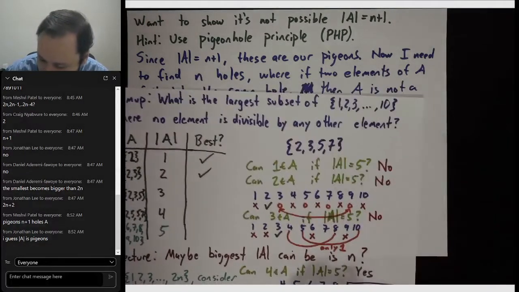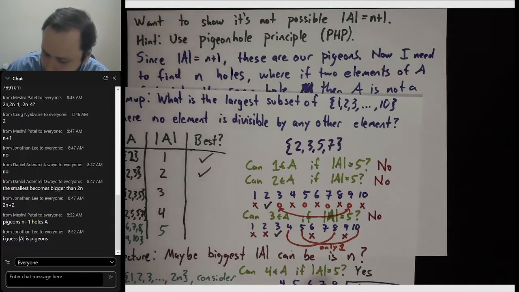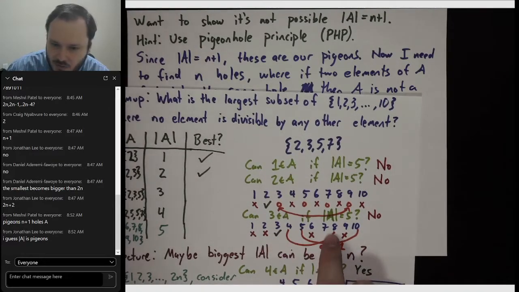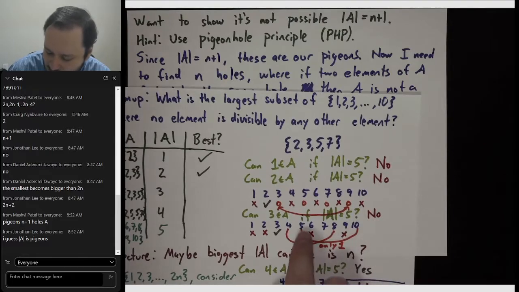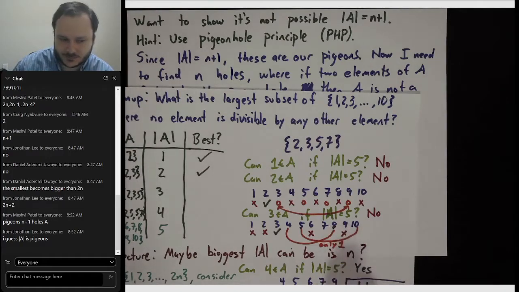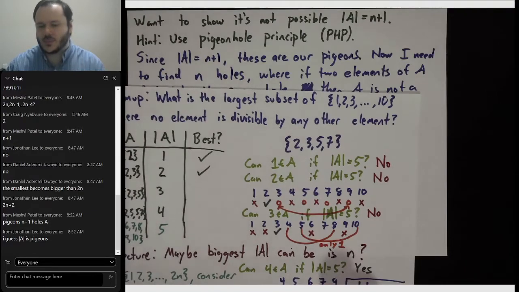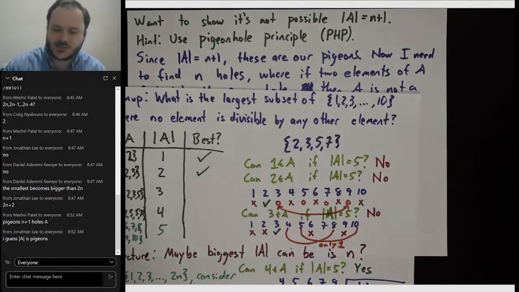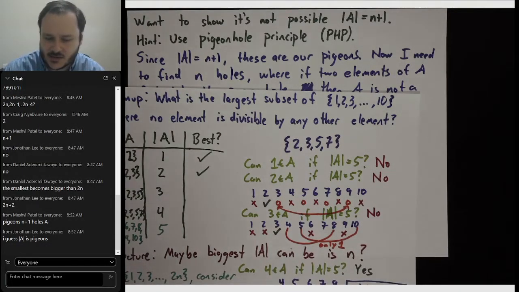We look back at what we did. In this example, we said we could only have 5 or 10. We could only have 4 or 8. This suggests a possibility for our holes.